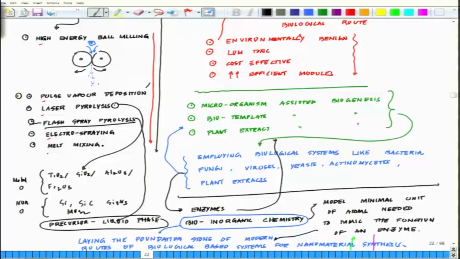Usually it is an organic solvent. The important technological elements of this process include self-sustaining flame, usage of liquid feeds and less volatile precursor, and it has very high scalability, high temperature flame and large temperature gradients. So, these are some of the prerequisites for flame spray pyrolysis.